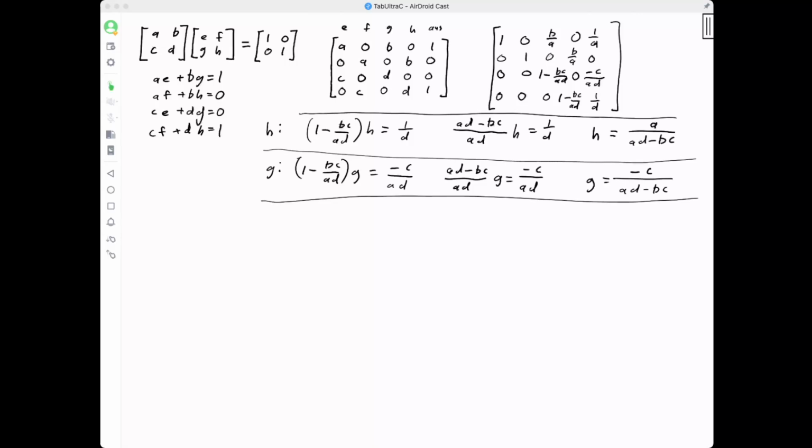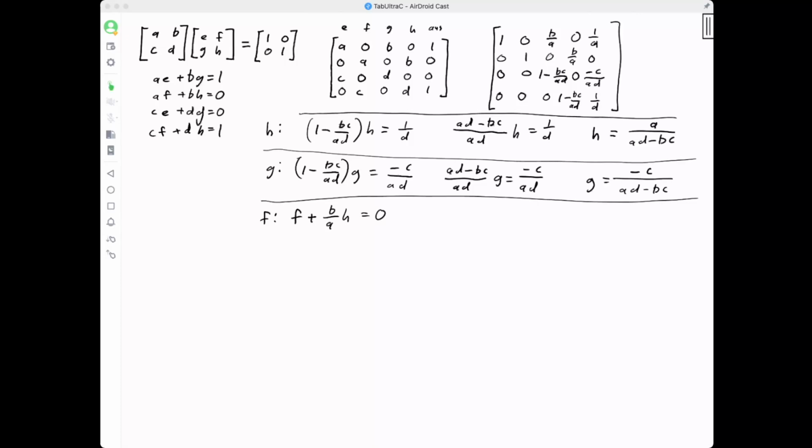Let's do this again to find F. To do that, I'm reading off the second row. So I get 1 times F plus B over A times H is equal to 0.